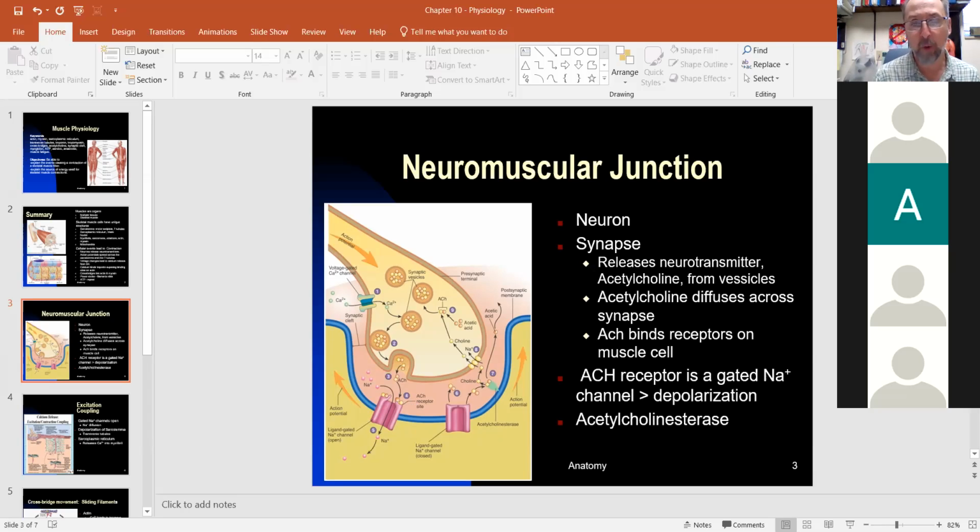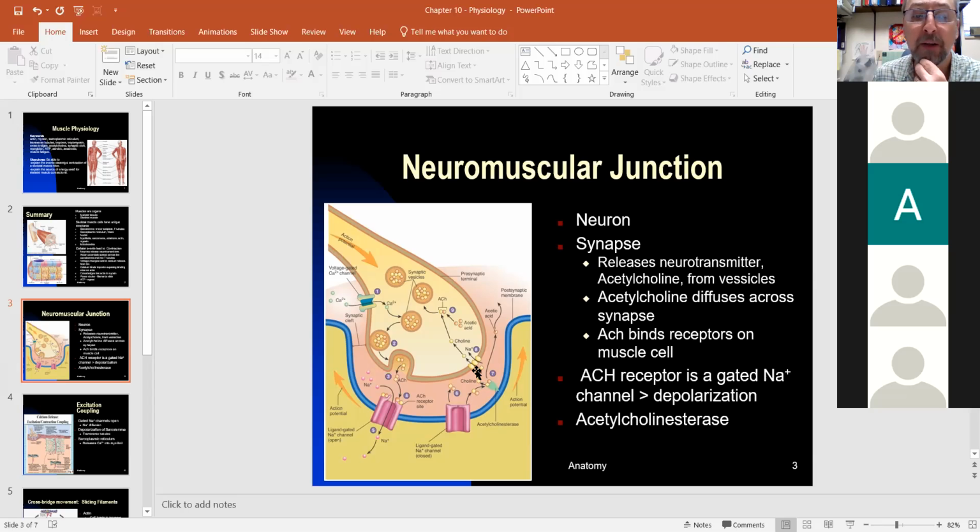That channel can be opened or closed, and when it's opened, sodium enters the cell, and this causes an action potential in the muscle cell, and that will spread across the entire surface. This little green guy on the muscle cell membrane is an enzyme, acetylcholinesterase, and acetylcholinesterase breaks down acetylcholine so it doesn't continually work.